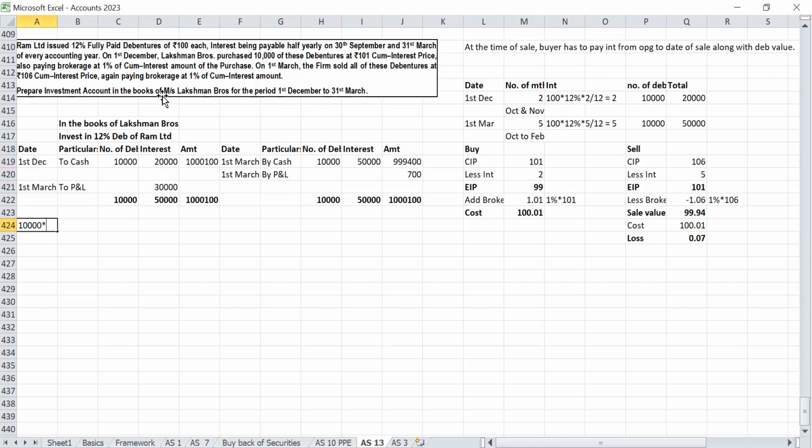You have 10,000 debentures for how many months? 3 months: December, January, February. So 10,000 into 100 into 12% into 3 by 12, you will get a total interest of 30,000.